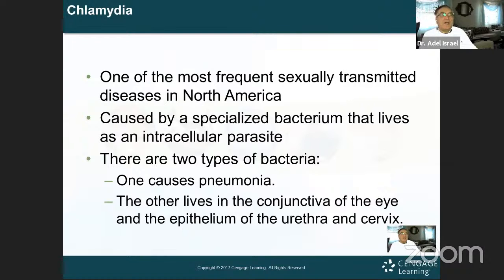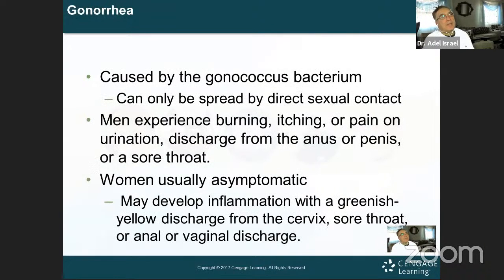Okay, there are two types of bacteria. One causes pneumonia, and the other lives in the conjunctiva of the eye and the epithelium of the urethra and the cervix. So the same bacteria can produce these two illnesses.